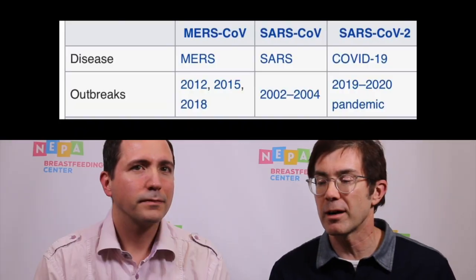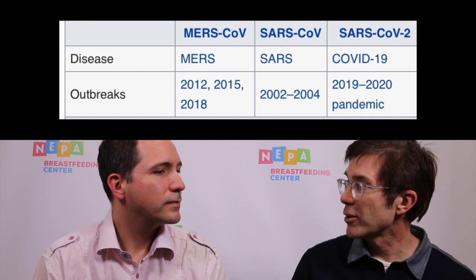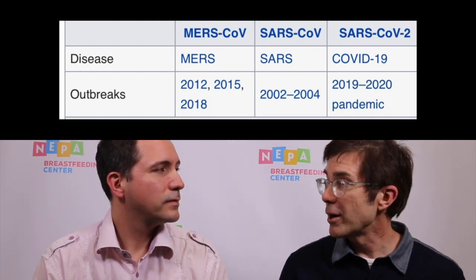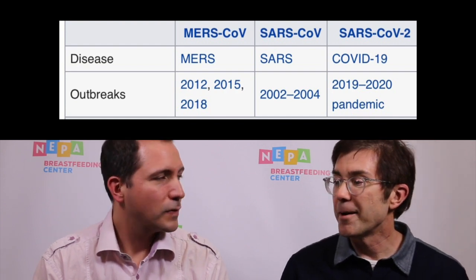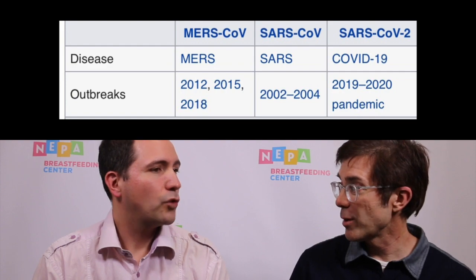And in fact, there's been several outbreaks of other coronaviruses that have been similar to coronavirus 19 in a way. If you remember, there was the SARS outbreak in 2002, and then also the MERS outbreak, or Middle Eastern respiratory syndrome, that occurred in 2012. Yep.